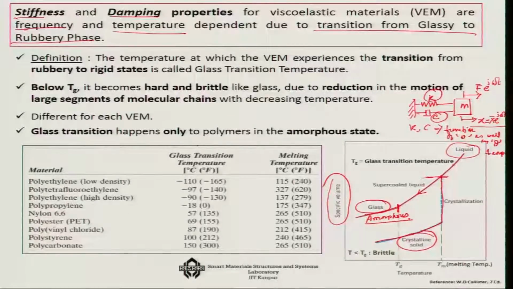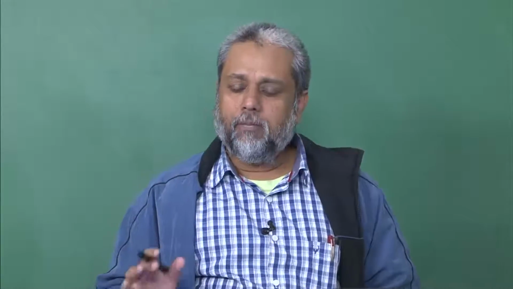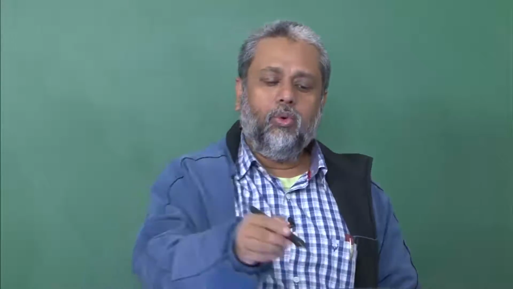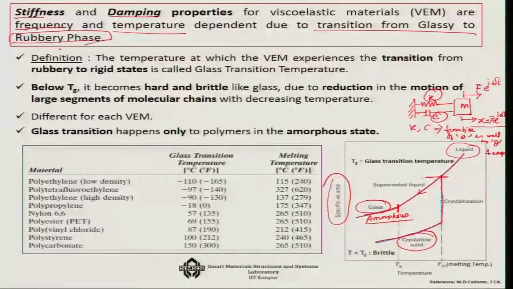Even in the solid form, which we call the glassy form, you will see that it has a totally amorphous structure. And from the glassy phase, as we increase the temperature or as we decrease the frequency, either of them, we will go to the rubbery phase, and while going there will be a transition. That transition is known as the glass transition temperature.